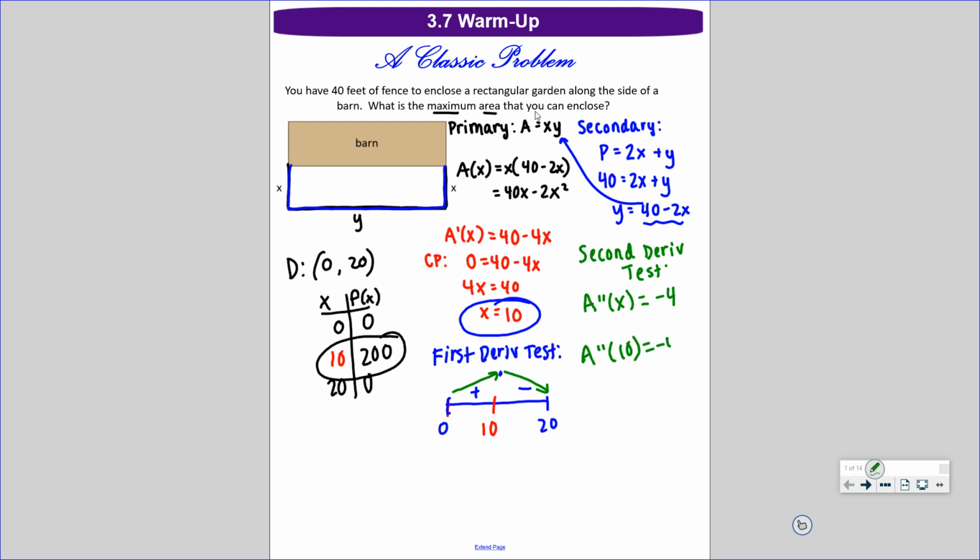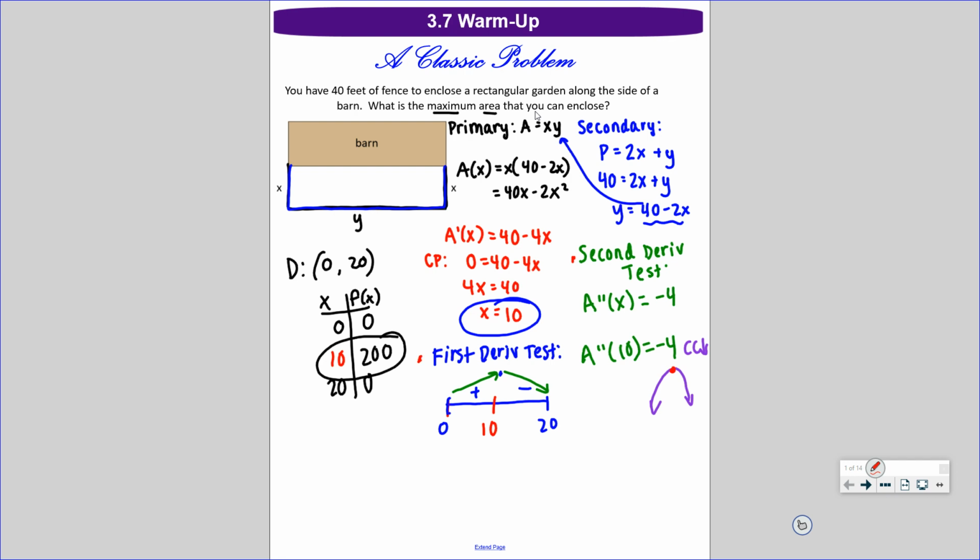What that means is that my function is always concave down at every point, which makes sense because we know this is a parabola. So we could also say that it's a max because we know it's a critical point, and at that point the second derivative is negative, so it's concave down. So that's how you find extrema using the second derivative test, and extrema with the first derivative test.